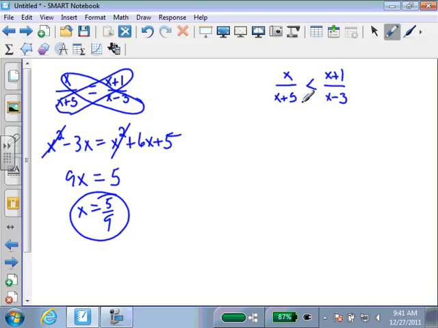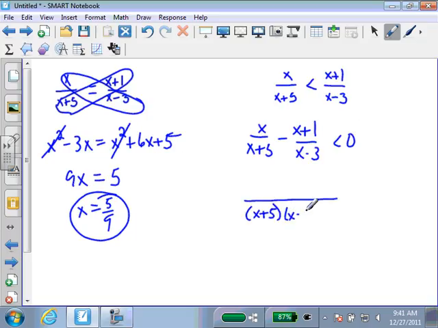When it's an inequality and I have denominator x's, I have to move everything to one side. Find a common denominator. My numerator, if I multiply this top and bottom by x minus 3, I'm going to get x squared minus 3x.